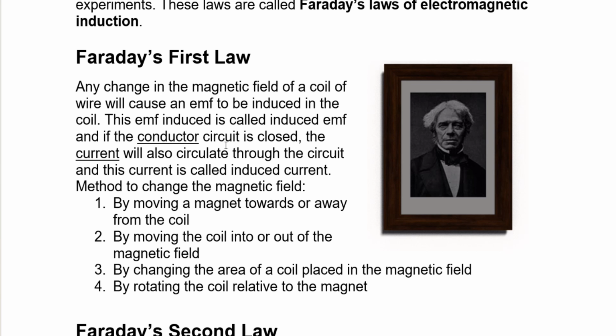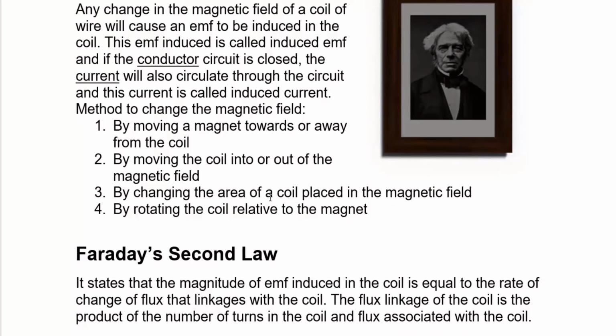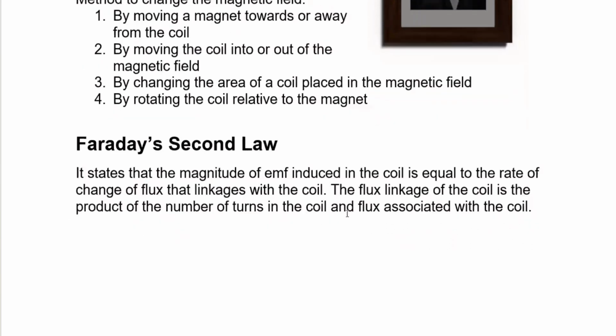And if the conductor circuit is closed, the current will also circulate through the circuit, and this current is called induced current. The magnetic field can be changed by moving the magnet towards or away from the coil, by moving the coil into or out of the magnetic field, by changing the area of a coil placed in the magnetic field, or by rotating the coil relative to the magnet.